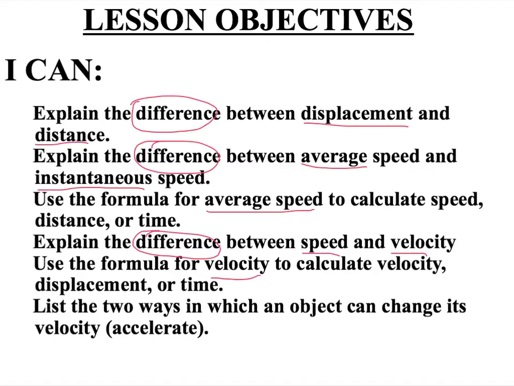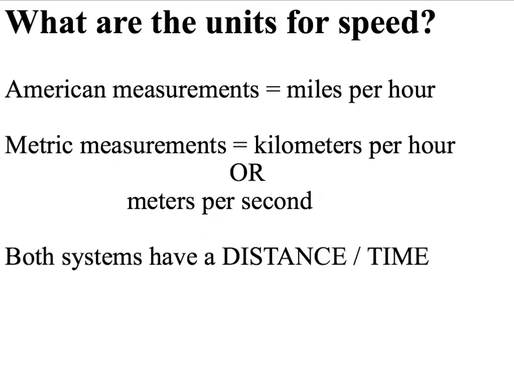Let's get started. Now, I'm sure you've all heard of speed before, thinking about how fast somebody runs or how fast a car goes. And when we think about speed in our terms of American measurements, what we've been brought up with, we think of miles per hour. Well, in science, we use the metric system for measuring.